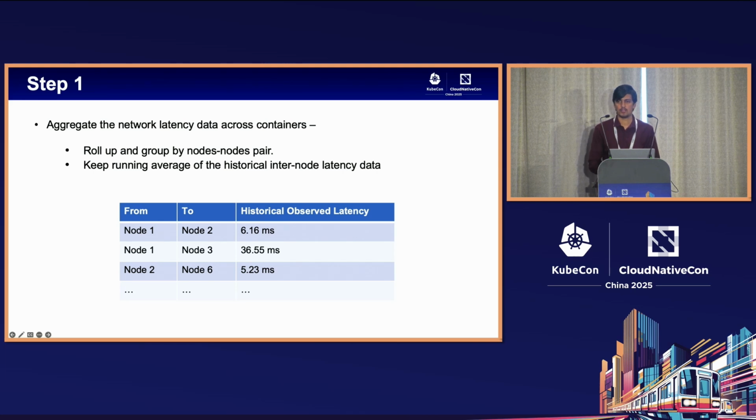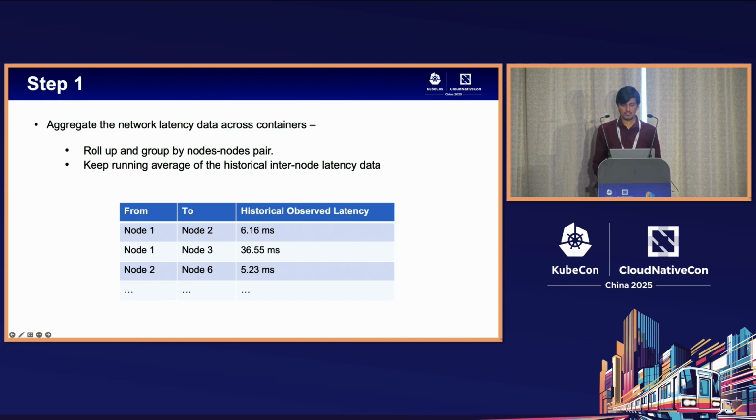We group it by node pairs, and this gives us an estimate of the historical average latency that exists between these two nodes whenever containers have historically interacted. We also use some kind of data analysis techniques like exponential smoothing to make sure that the data is valid and prepared in a good way to use it.